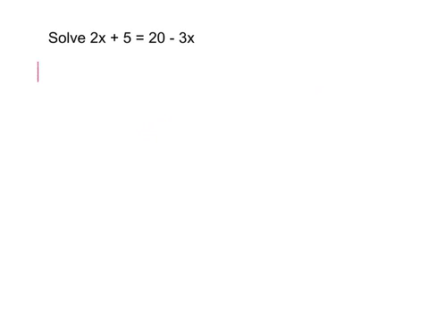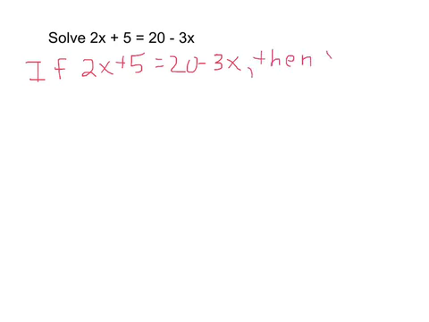So we say if 2x plus 5 equals 20 minus 3x, then x equals blank. Right? We're going to prove what goes in that blank. Okay? We're looking for the conclusion that we can make because of the known information. We know 2x plus 5 equals 20 minus 3x. We're going to deduce from that what the value of x must be.